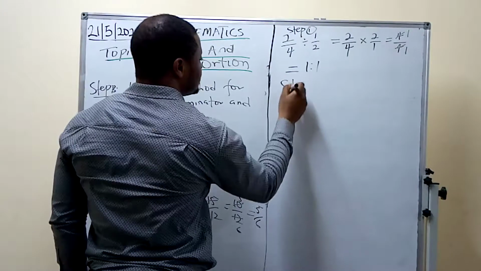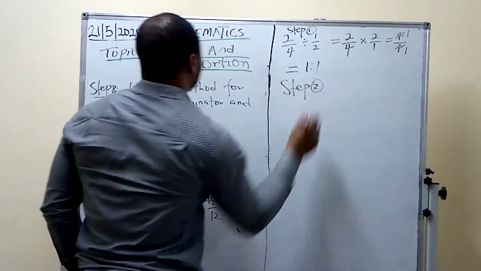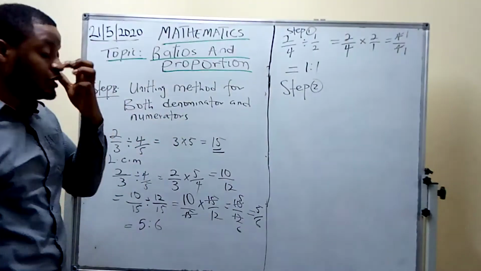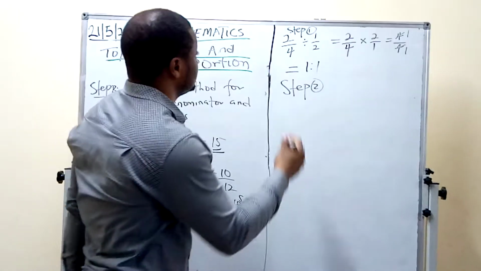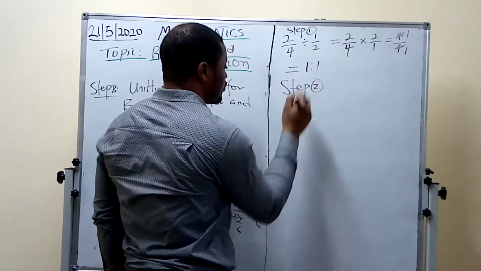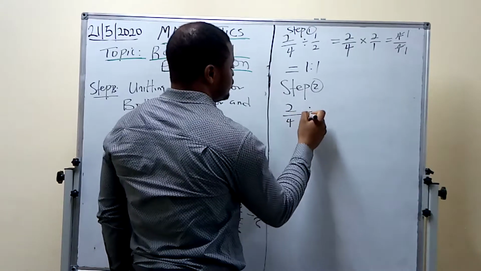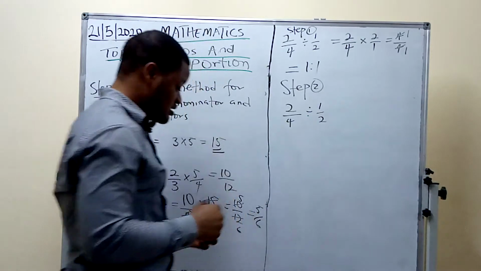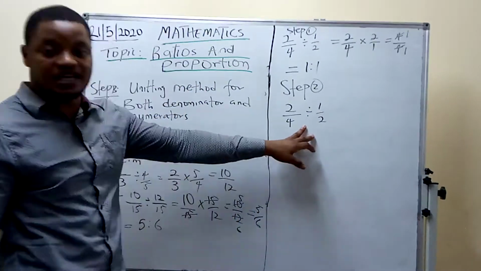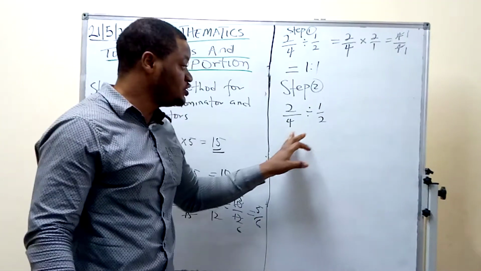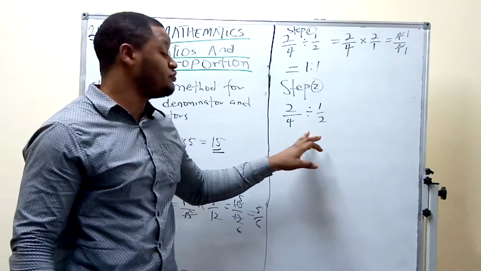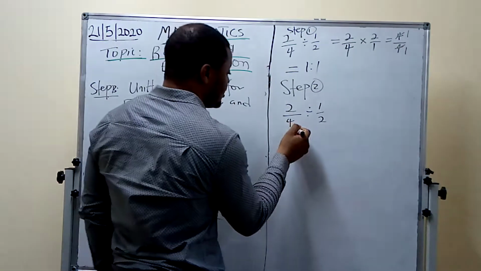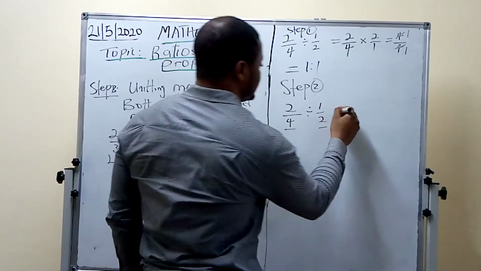Now the second step, which is what? Uniting the method for both denominator and numerators. We're still going to use the same question to solve it. 2 over 4 divided by 1 over 2. Like I said earlier, you have to find the LCM of the denominators from both fractions. Now, finding the LCM of 4 and 2.